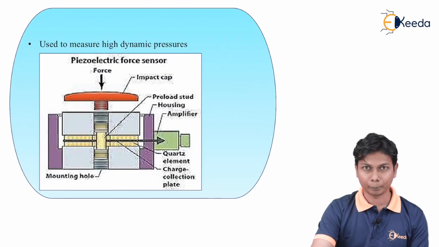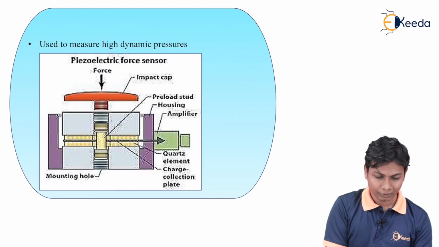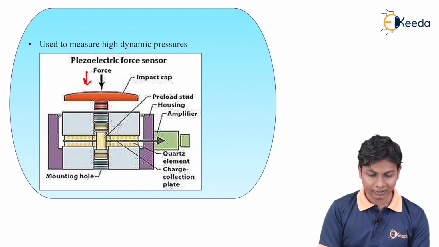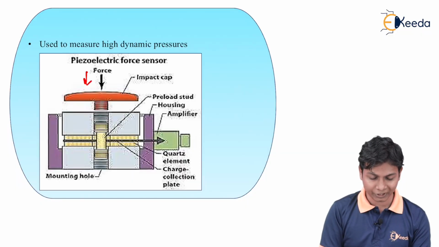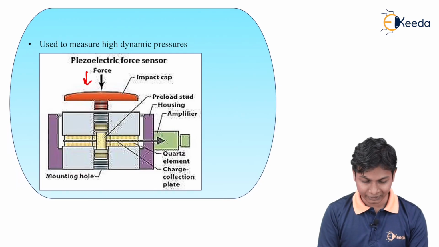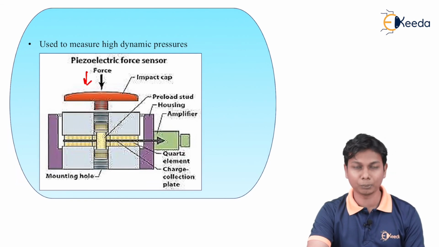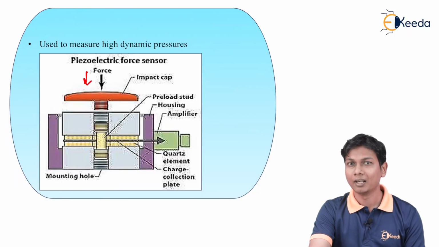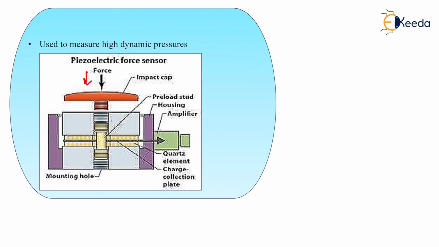When the pressure is applied through this direction as a force, whatever is sensed by the preload studs and the housing is converted into electrical signals, and it is amplified through the amplifier. The quartz elements and the charge collection plate are also there to sense the pressure area and the pressure force.